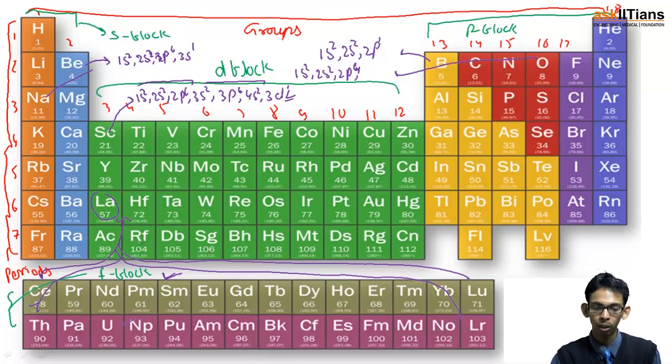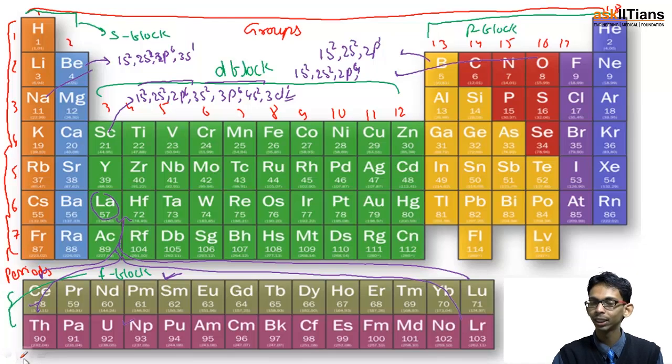So it's better to keep them outside the periodic table, and we study them separately because they all have some common properties. The first one is called the lanthanoid series, the second is the actinoid series. So this is actually the long form of the periodic table.